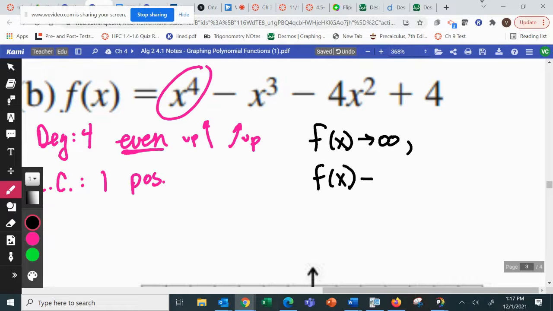And it's going up to the other one as well. So both of them are going to start with going to positive infinity. The top one is always as x goes to negative infinity. The second one is always as x goes to positive infinity, because it's always left to right.